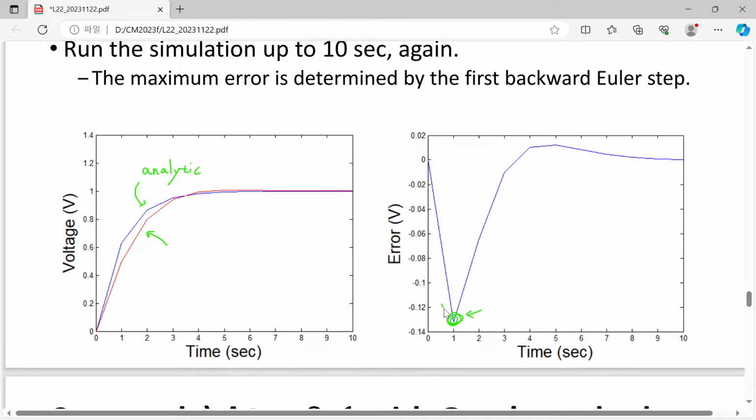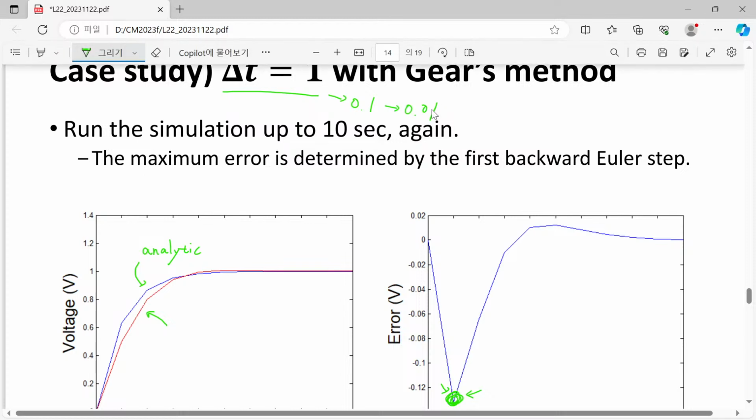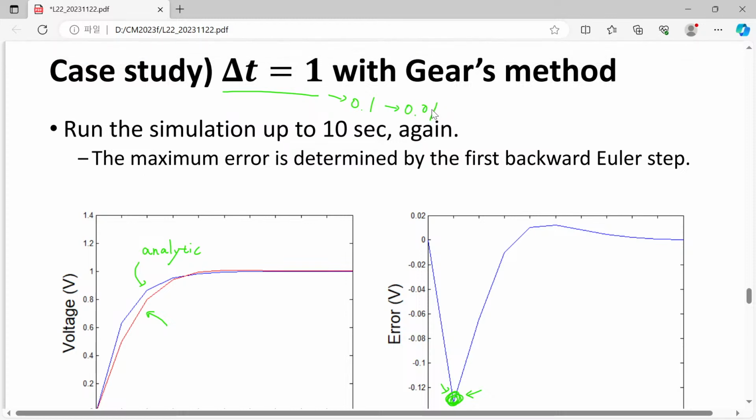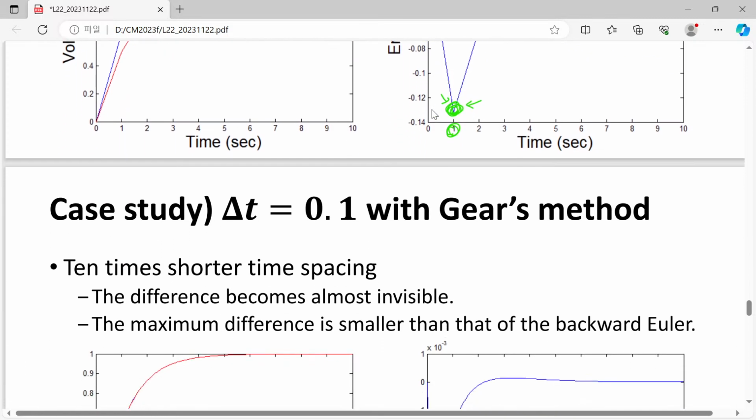So the backward Euler scheme determines this very first time step, so it's not related to our Gear's second order method. And anyway, we have a similar level of error. Now we want to reduce this delta t to 0.1 or 0.01. What will happen to our error level? So now let's go to 0.1.